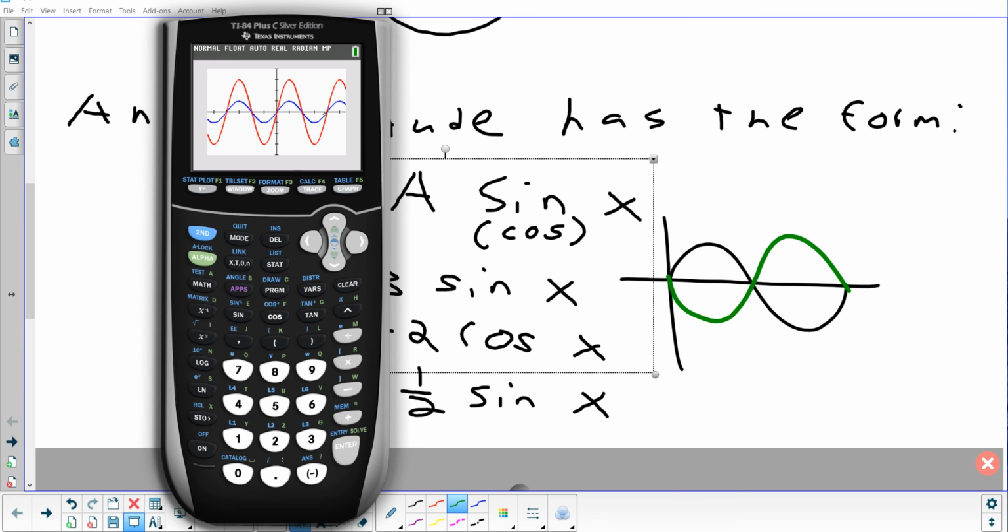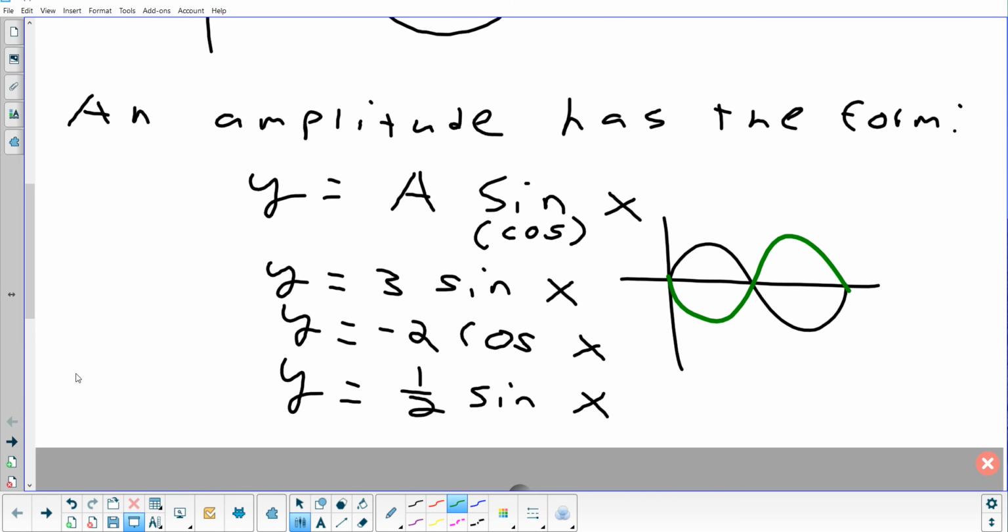What do you think is kind of like the dividing line between putting a number in front that makes it taller and putting a number in front that would squish it? What kind of numbers do you think make it taller? 3 obviously made it taller. Would 2 make it taller?